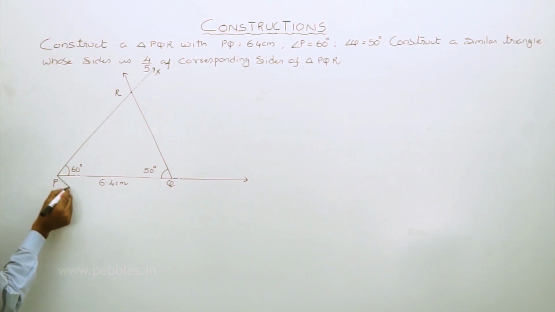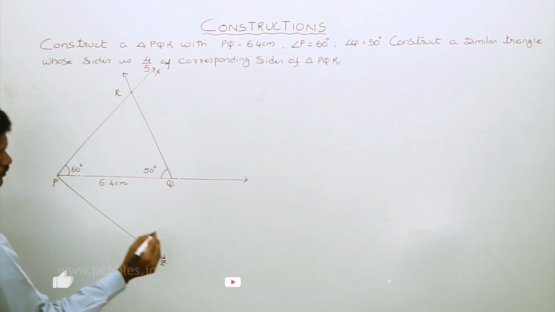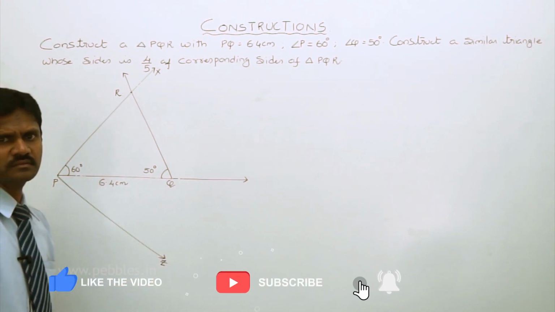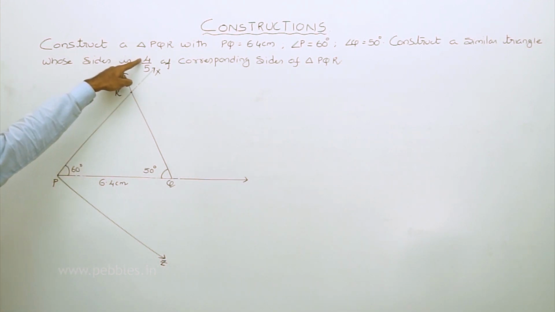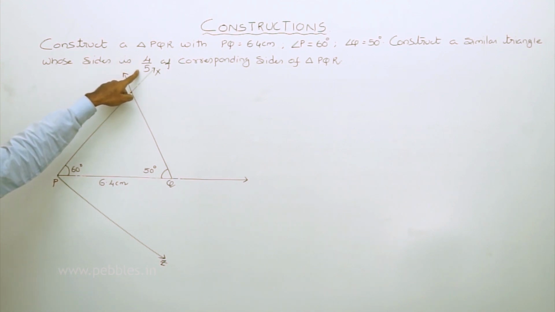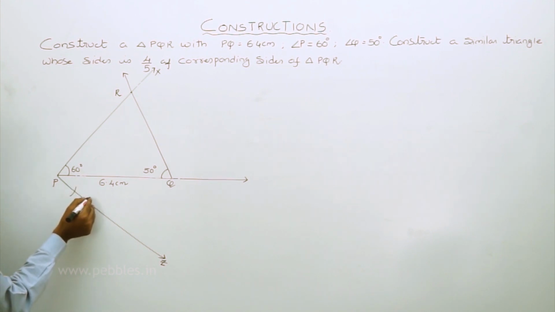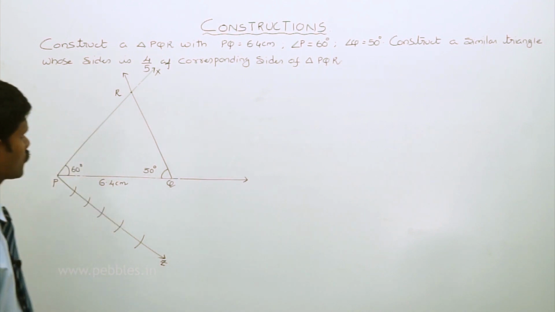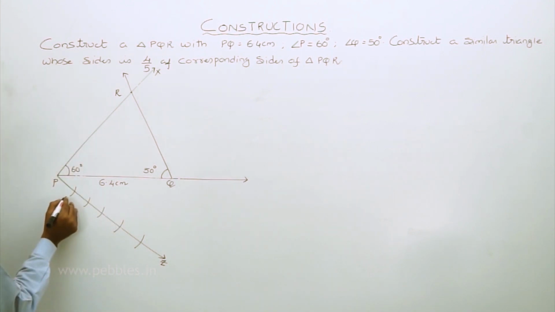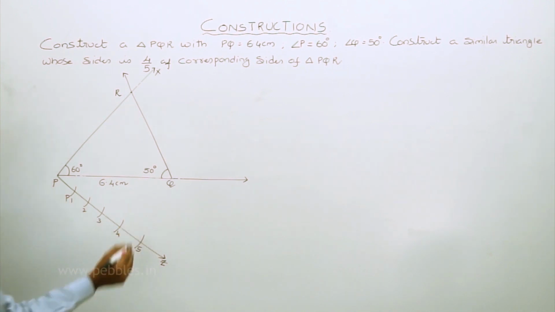Now draw the acute angle QPZ and divide it into, the numerator is 4, the denominator is 5. 5 is the more, that's why divide into 5 equal parts: 1, 2, 3, 4, 5. Now P1, 2, 3, 4, 5.